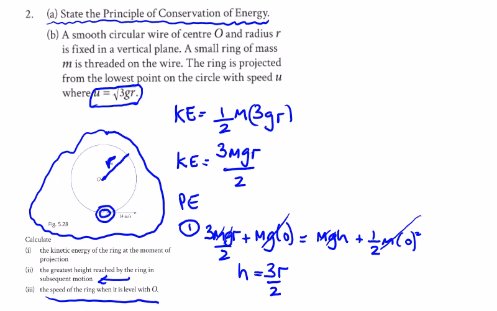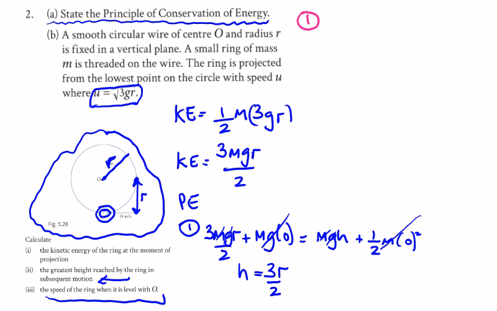And then the speed of the ring when it's level with O. Okay, if it's level with O here, this height is the same as the radius. So let's use that information up top.